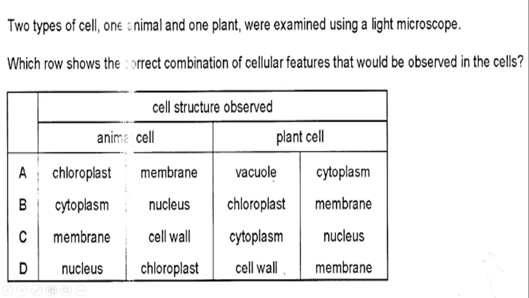And again, in those questions, I need you to look at the full row. Do not just look at the first and the second ones and say, yes, I found the answer. So let's look which row is the correct one. And here we go: cytoplasm, nucleus, chloroplast, and membrane. These are the features that can be seen under the light microscope.